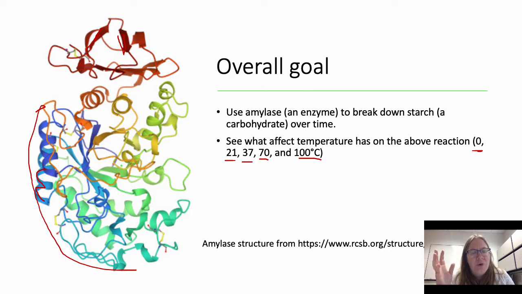Now, the starch you are looking at, we are using the IKI detection, which detects starch, which is the starting point. So we have starch, it's going to break down with our amylase into smaller parts.